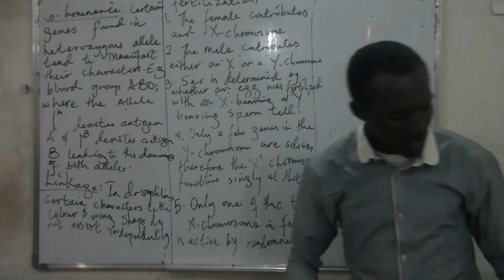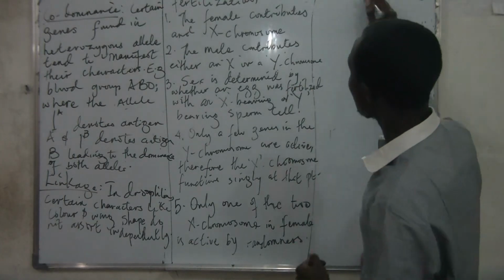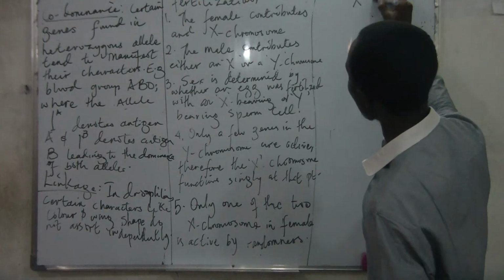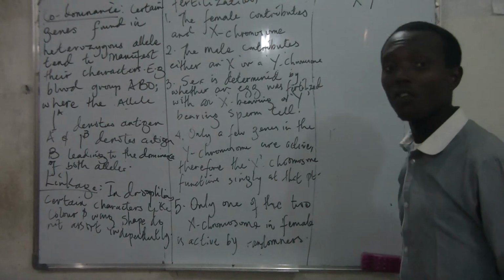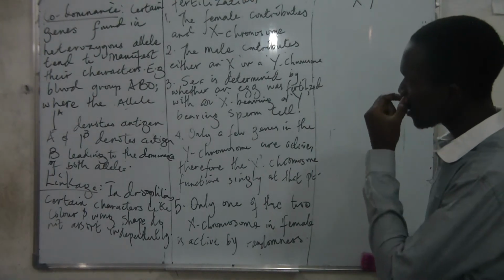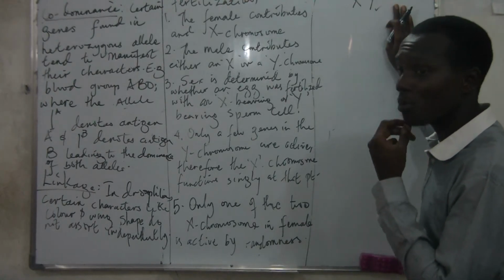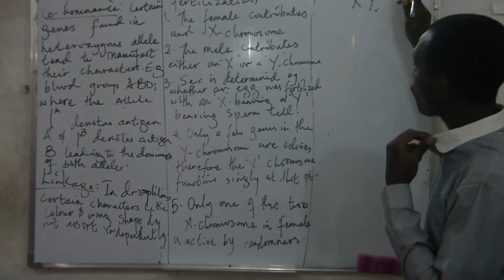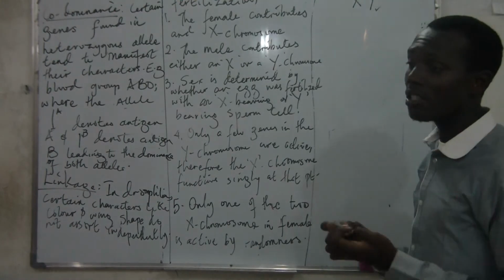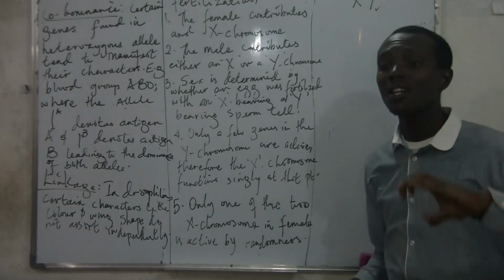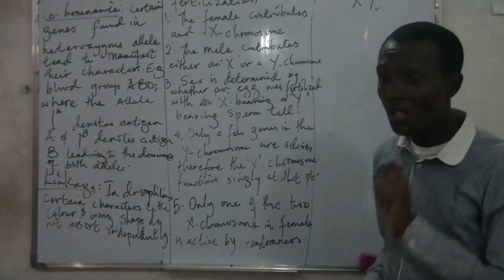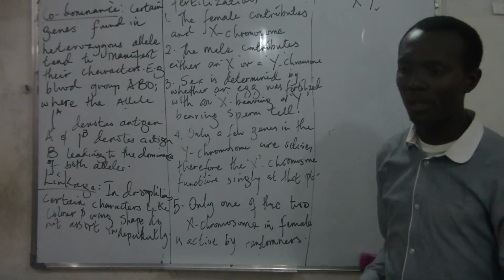Now, if we have a male, the male will be what? XY. When you have XY, for this combination, not all the genes found in the Y chromosome are active. Just a few of them are active. And that's why these active genes are the ones that produce the distinguishing characters you find in males.